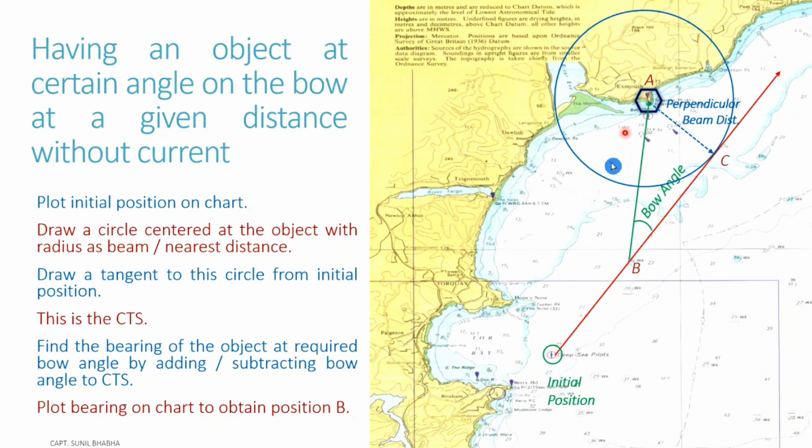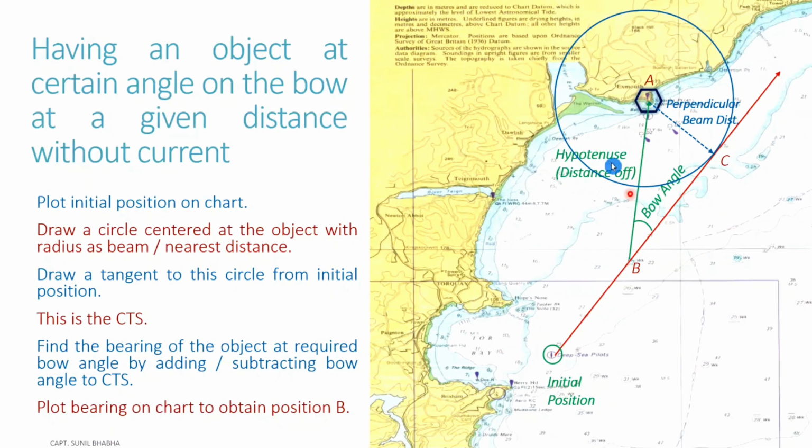And secondly, if you measure this distance AB, you will find that automatically this AB distance will be equal to the distance which we were required to maintain as per the question. So this will be the same distance that was given to us in the question.